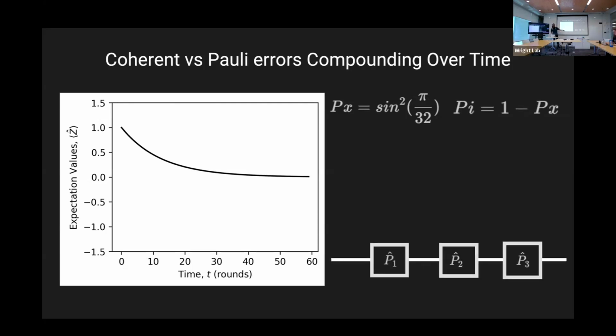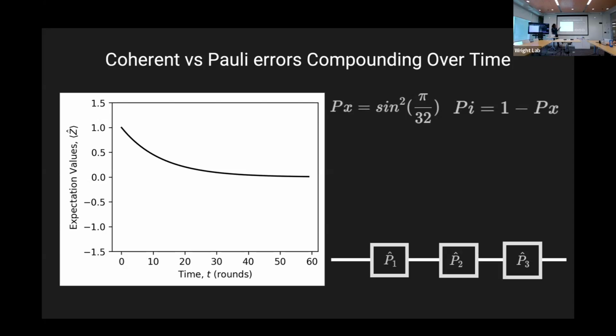And so here we have the same example where you take your initial state qubit, it goes to a Pauli error, then another Pauli error, and another Pauli error. And this is how this is going to compound over a certain amount of rounds. And so here the expectation value exponentially decays to 0.